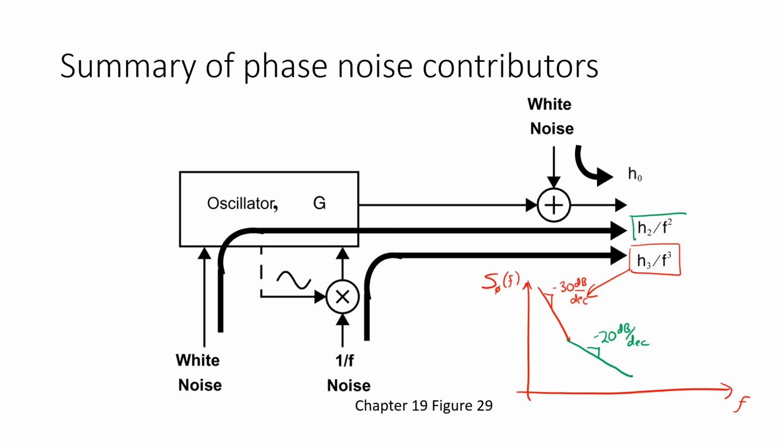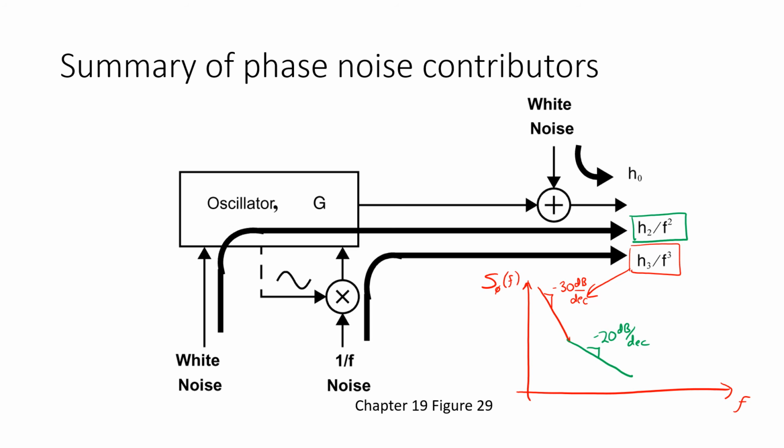We can model that here, the term proportional to 1 over f squared, and the term proportional to 1 over f cubed, with different constants of proportionality labeled here h3 and h2. And then finally, as we saw in our simple toy example, anytime we've got white noise superimposed on a periodic waveform, that's going to give rise to a white noise spectral density at the output, white phase noise at the output.